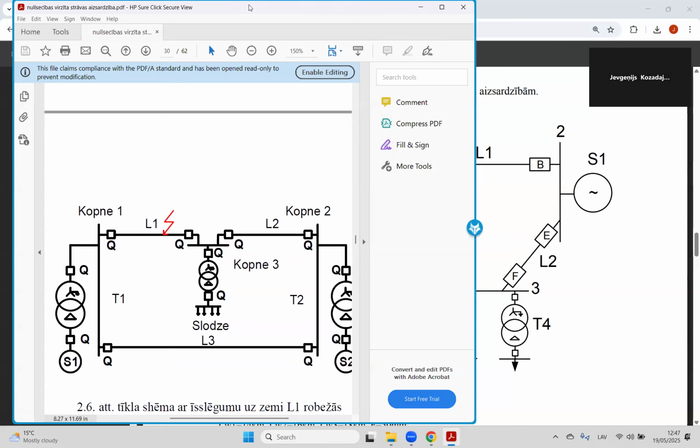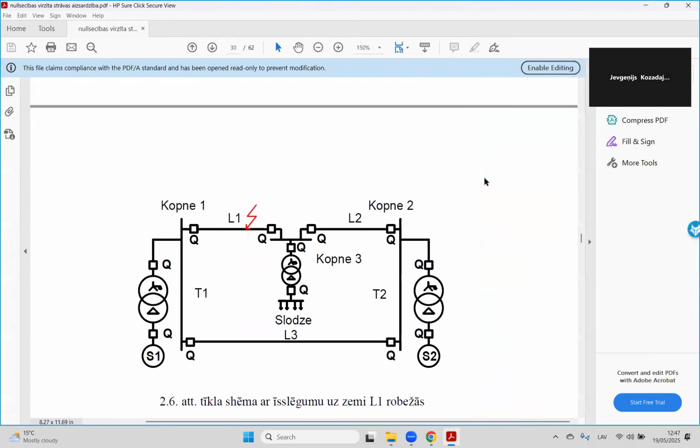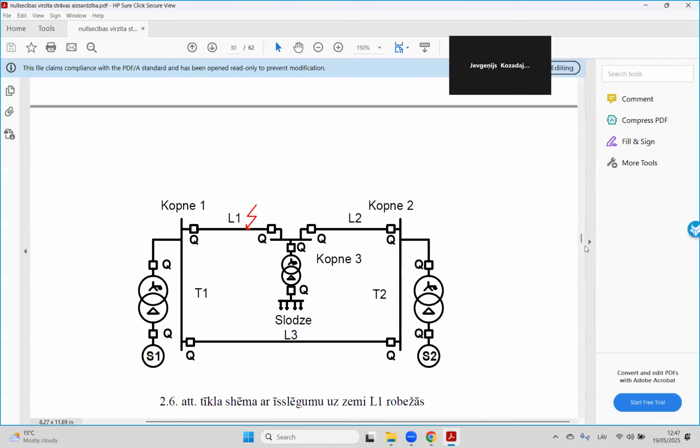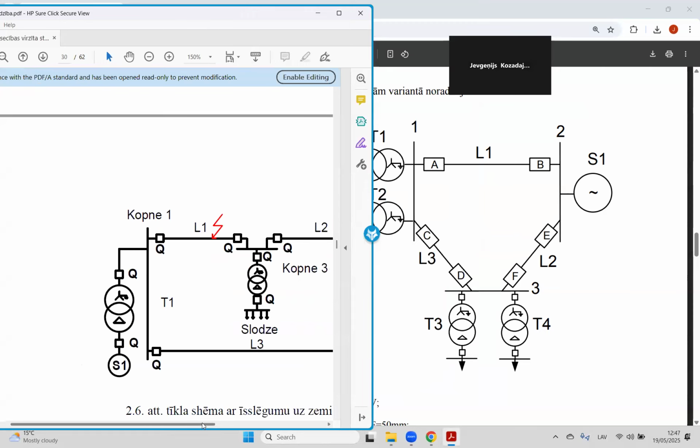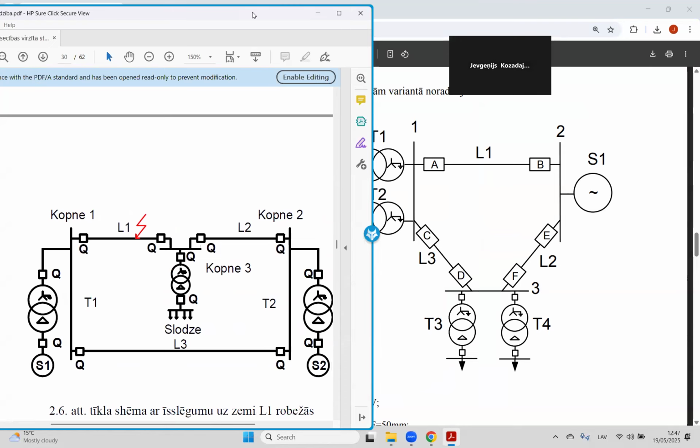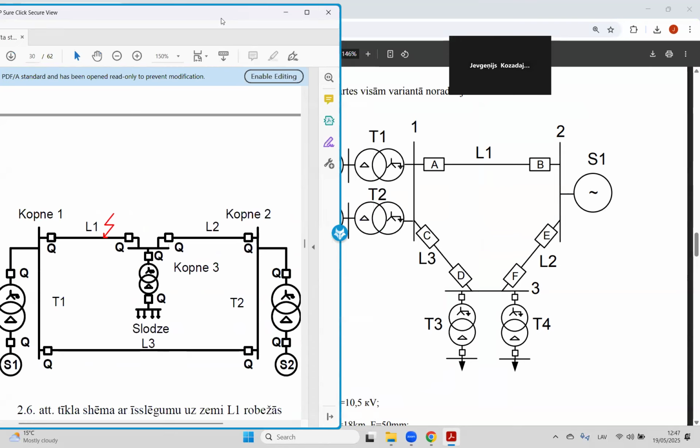I want to make it a little more compact so that it is possible to compare the two schemes. Okay, I put it here.